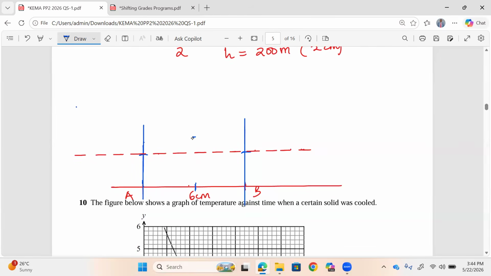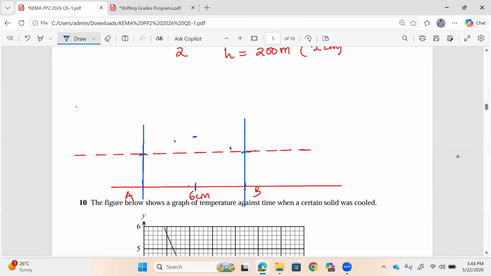So 3 centimeters will be passing here. We can measure 3 centimeters along many directions. 3 centimeters will pass there. 3 centimeters also pass here.